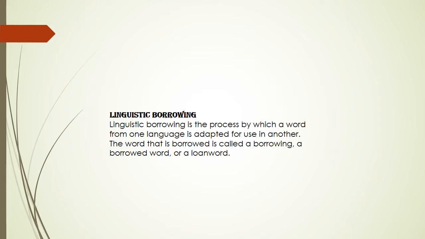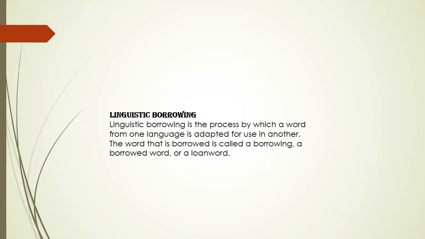In simple words, a lot of words in a lot of languages are not words of the language itself or the native language, but they are taken from other languages, and there are a lot of types of them.